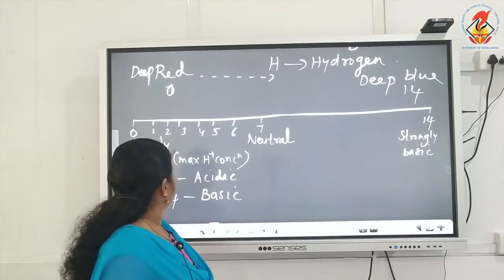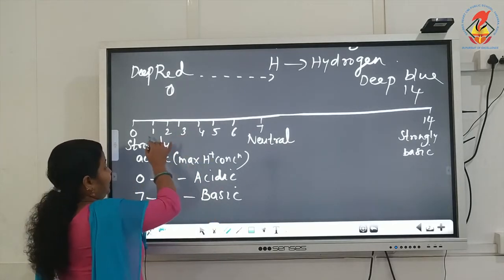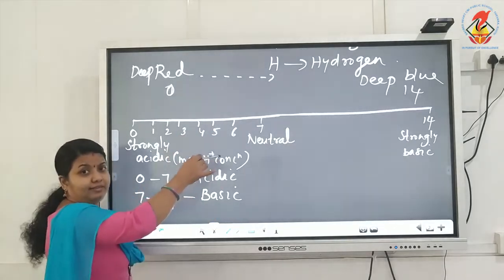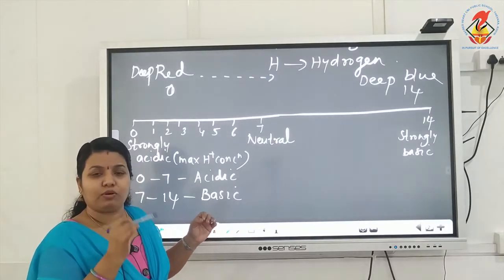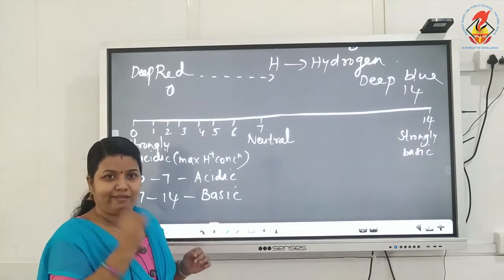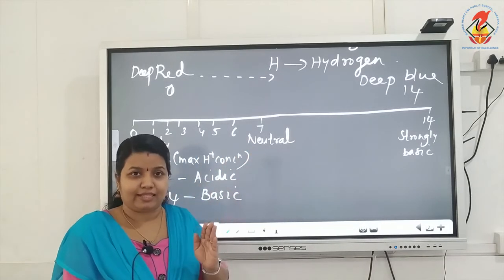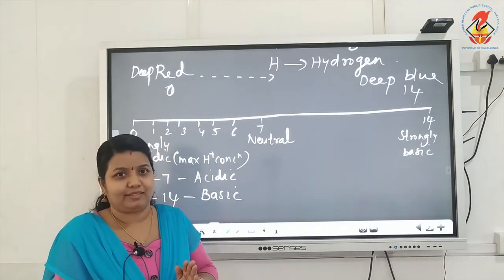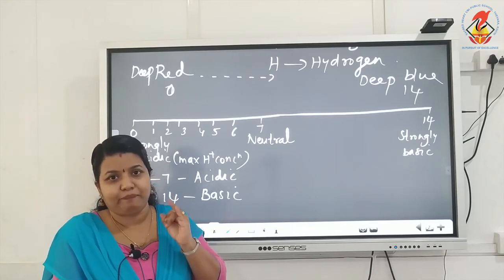As you move towards the right hand side, as the value becomes 5, 6, etc., the pH value is higher, but the concentration of hydrogen ion will be less. Hydrogen ion concentration will be decreasing and the strength of the acid will be less. They are weak acids.